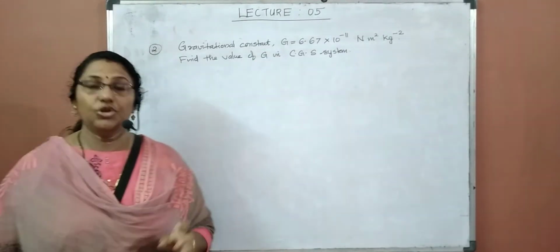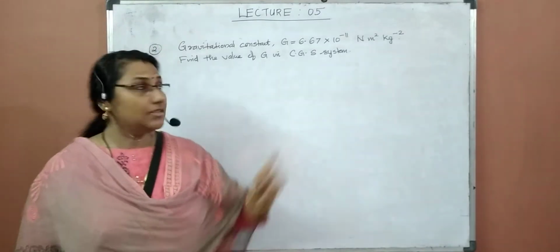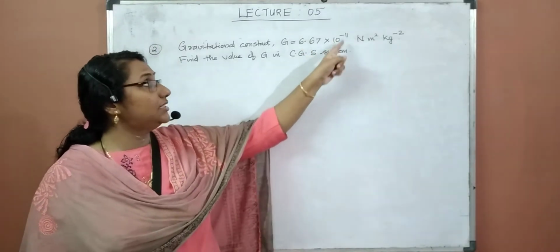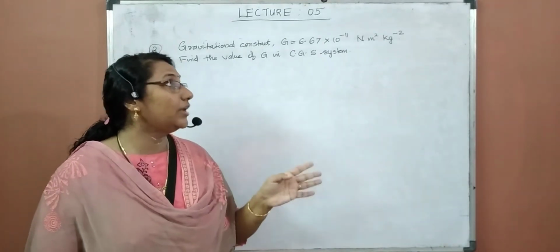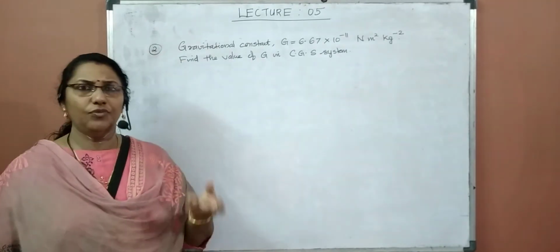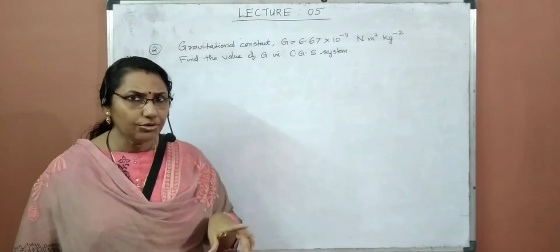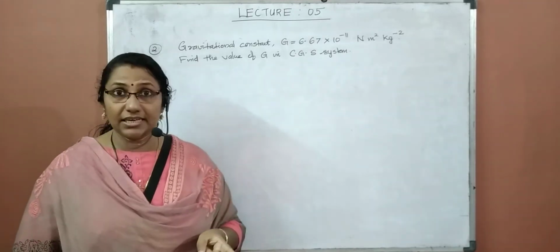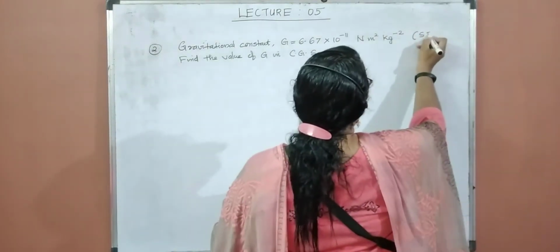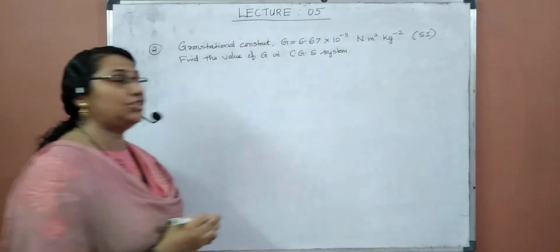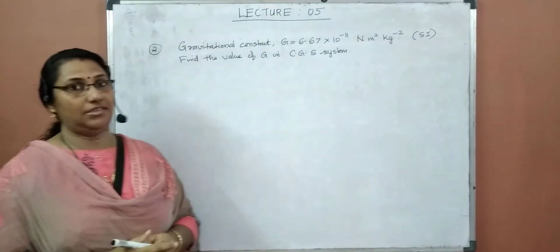So the value of G is given as 6.67 into 10 raised to minus 11 Newton meter square kilogram raised to minus 2. So which system is given? Newton meter kilogram, that is SI system is given. You have to convert it into which system? CGS system.